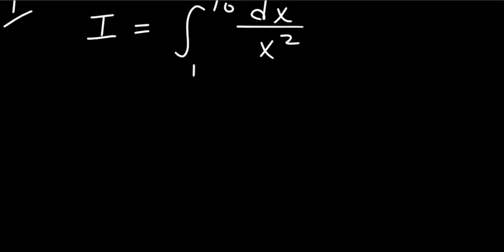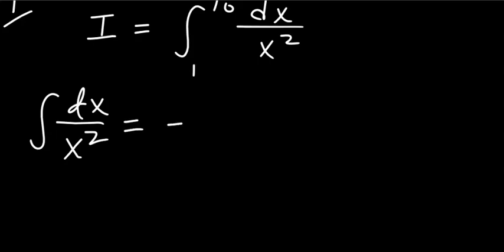Let's see how to evaluate definite integrals. An example is as shown. Now we know the integral of 1 over x squared with respect to x is just minus 1 over x. This is from our previous video. Of course, we can ignore the integration constant because they will get cancelled, as we have discussed a few minutes ago.